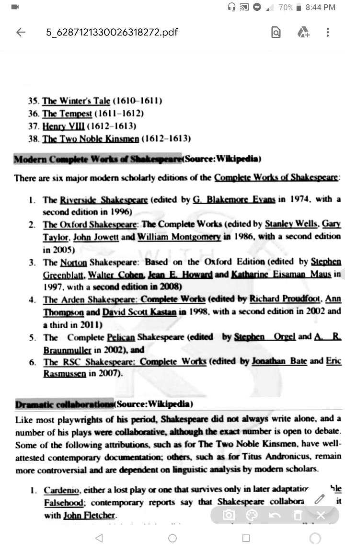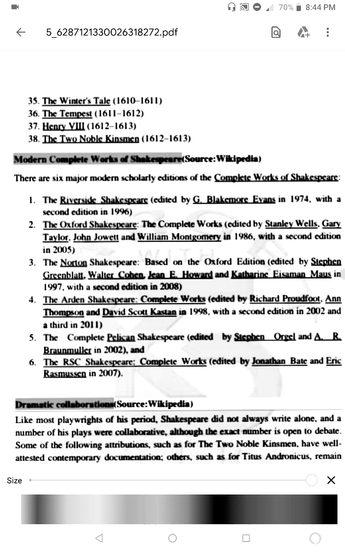It means there are many scholars who have tried to gather the works of William Shakespeare. There are six famous gatherings of William Shakespeare's works.